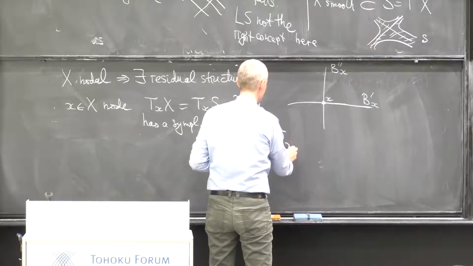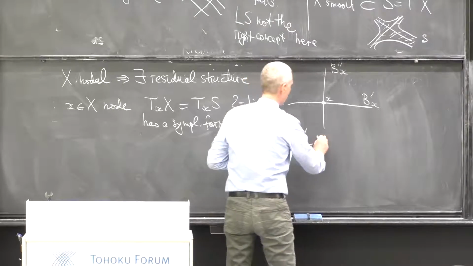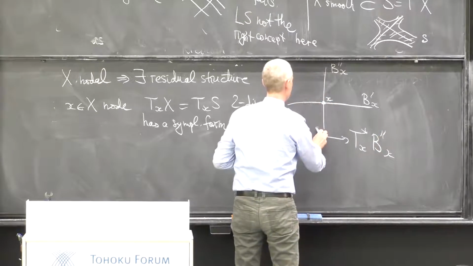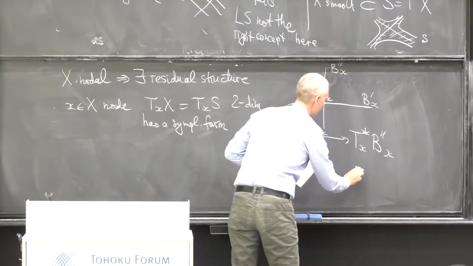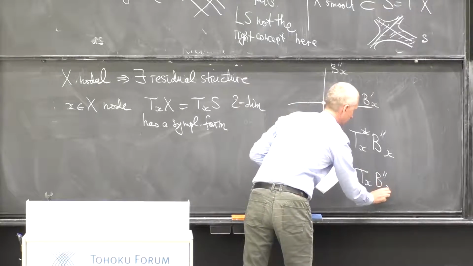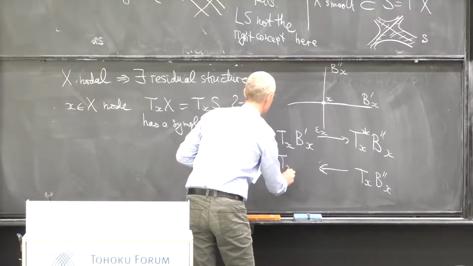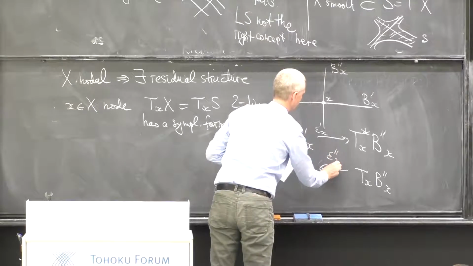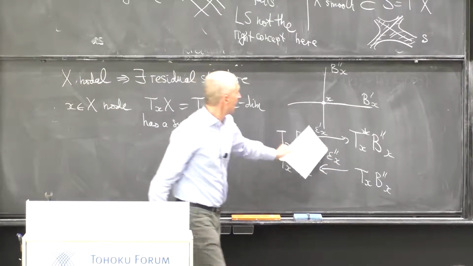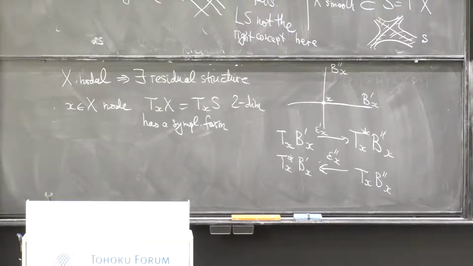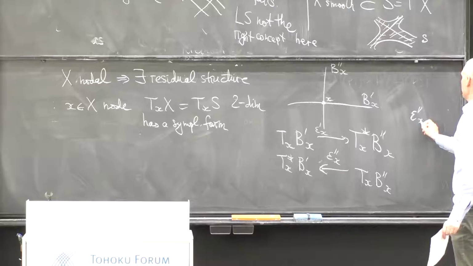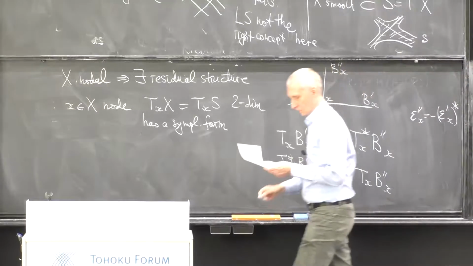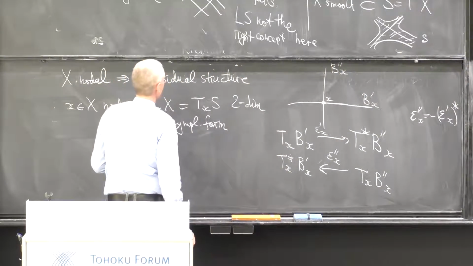Then T_x B' is identified with T*_x B'', and similarly T_x B'' is identified with T*_x B'. Because it's a symplectic form, they are adjoint to each other: ε'' = -ε', so they are anti-adjoint.